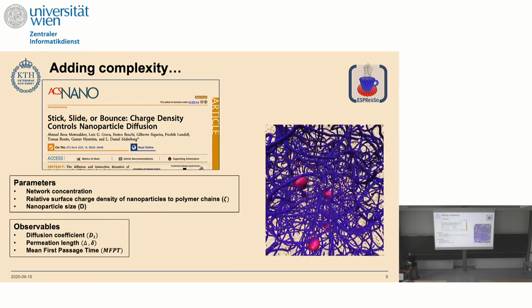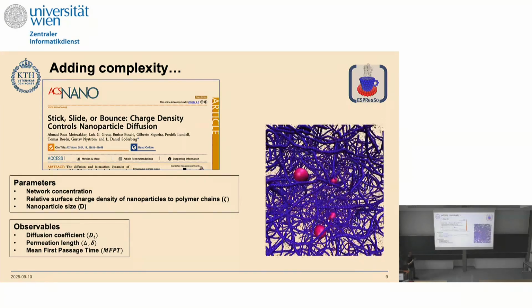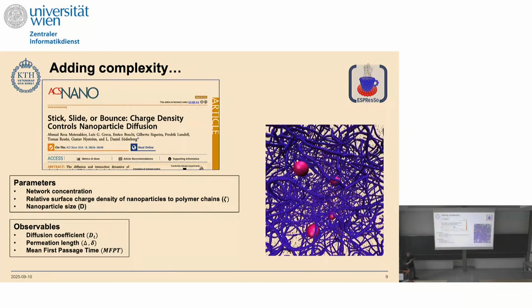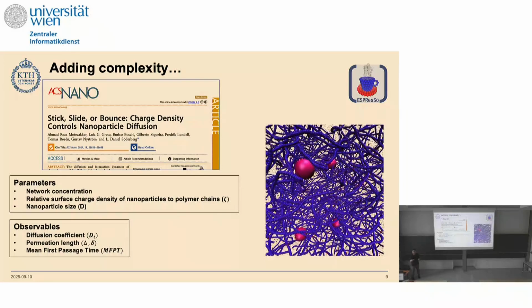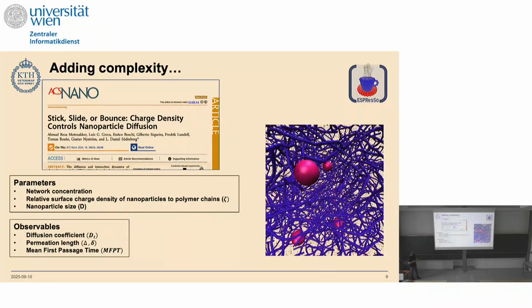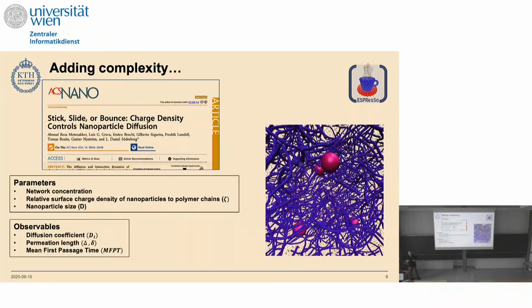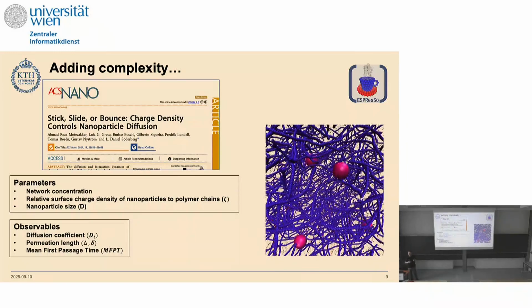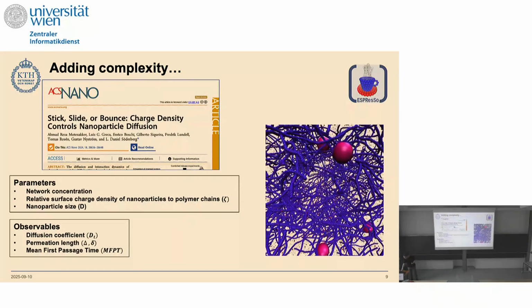So what we did here is to consider all these effects: the charge ratio between the nanoparticles and the biopolymers, and the concentration and the size of the nanoparticle as well, and to analyze what the physics behind the sticking, sliding, and bouncing behavior is.